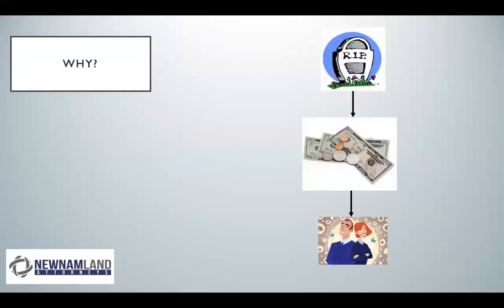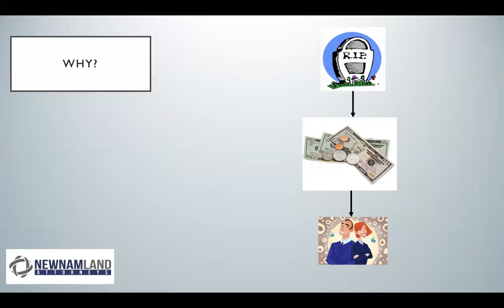So let's get a little bit into the why. And this will also build off that distribution scenario a little bit more as well. So why? You may be asking yourself right now, all right, look, if there is a will and it says everything to my spouse, why in the world do I need to go to court, right?